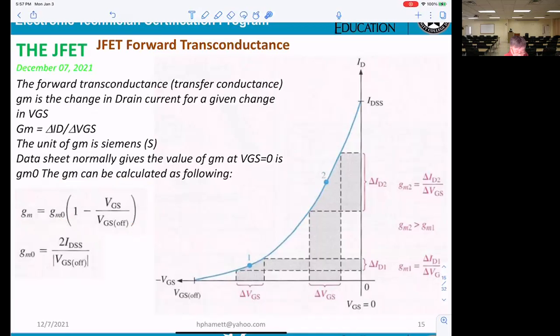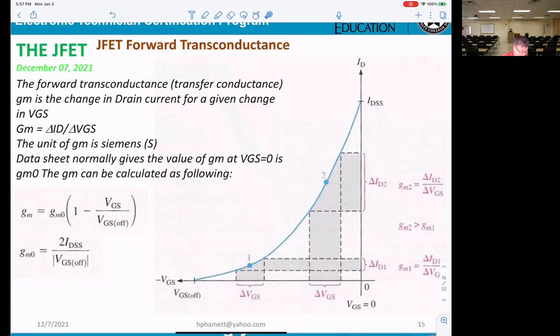GM0, okay, what is it? The data sheet normally gives the value of GM at VGS equals 0, that is GM0. So by definition, GM0 is the value of GM with VGS equal 0. Normally the data sheet gives it to you.